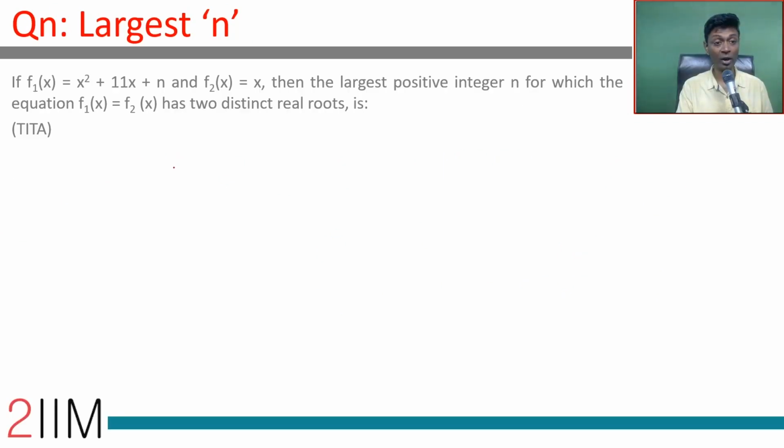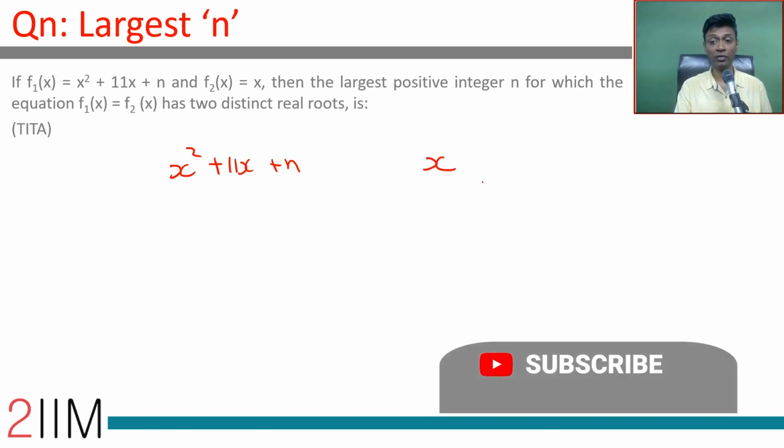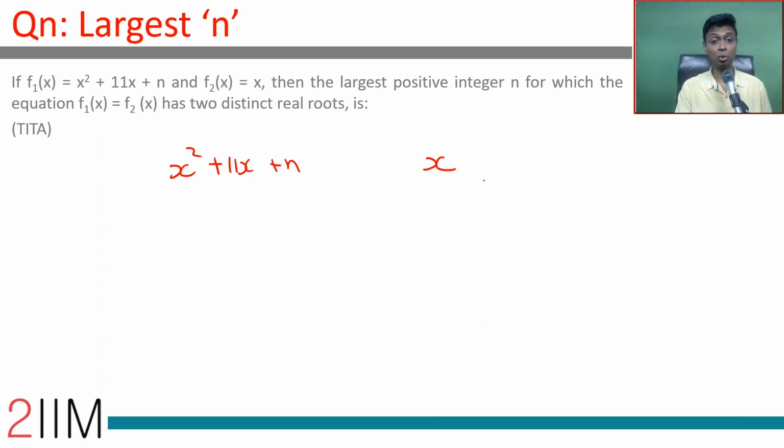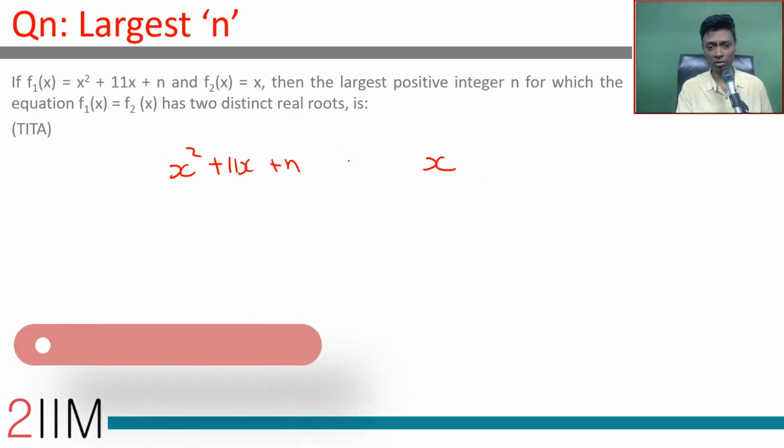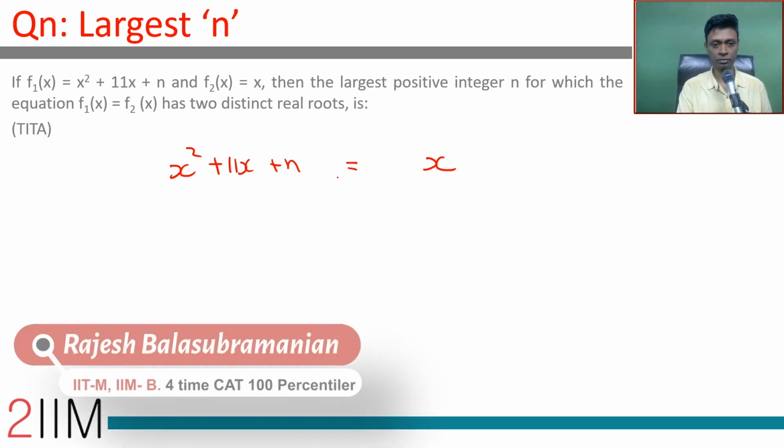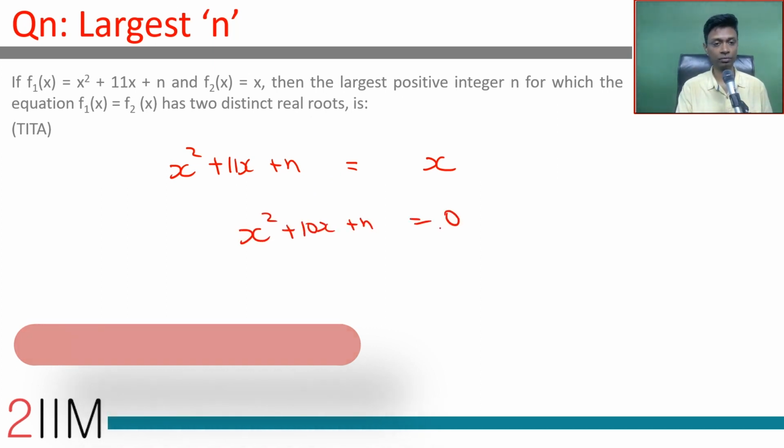f1 of x is x square plus 11x plus n. f2 of x is x. Then the largest positive integer n, for which the equation f1 of x equal to f2 of x has two distinct real roots. These two should be equal. Then we have x square plus 10x plus n equal to 0.